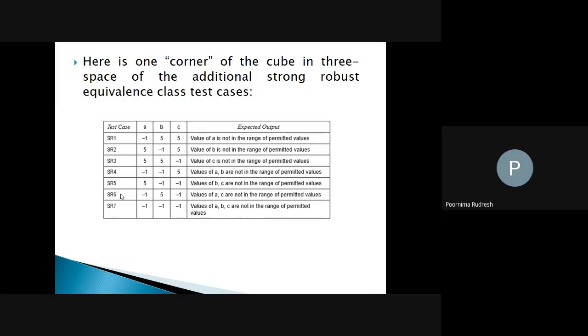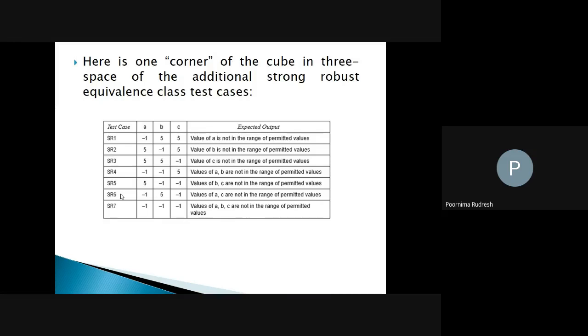So hence, whenever we are using the strong robust equivalence test classes, we will have more test cases, or we are going to construct more number of test cases. Why? Here we assume that we are performing the Cartesian product of each of the variables, and for all the combinations of the Cartesian product, we are defining the values.